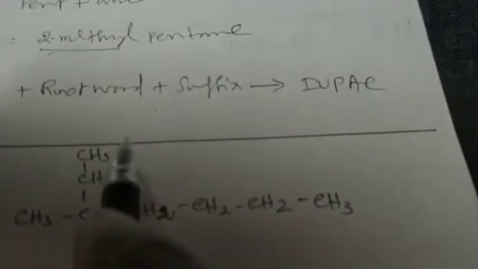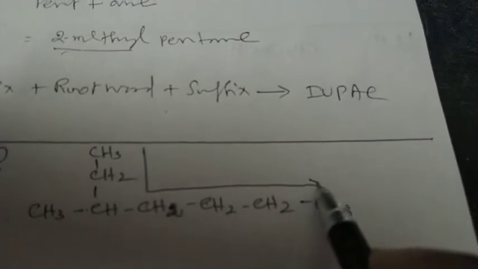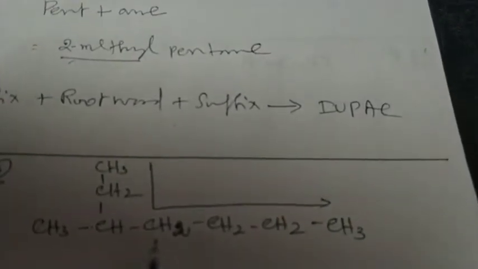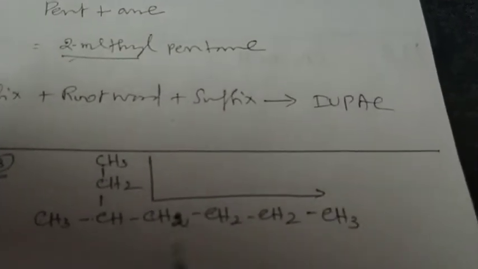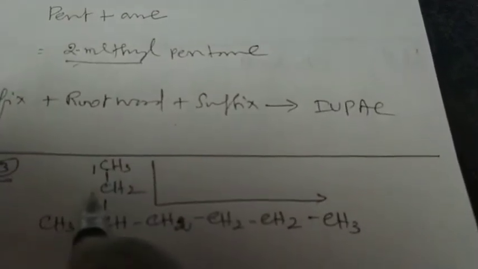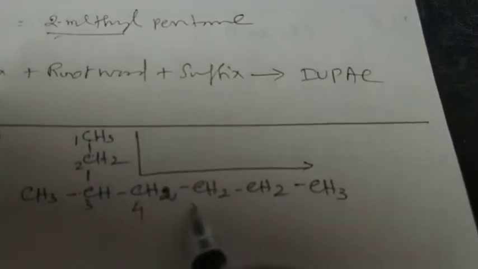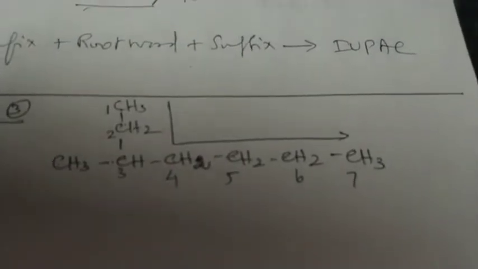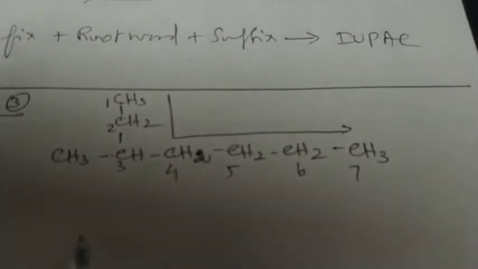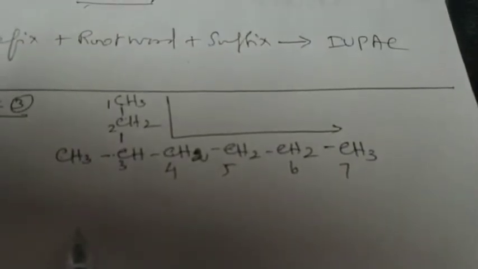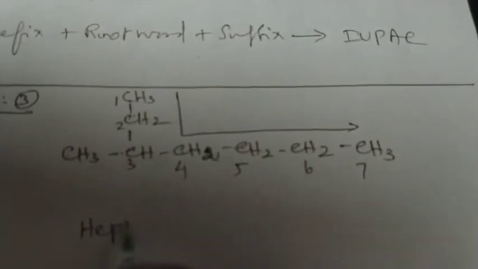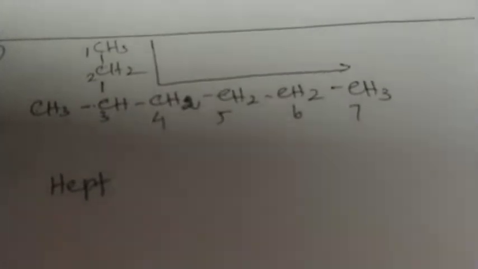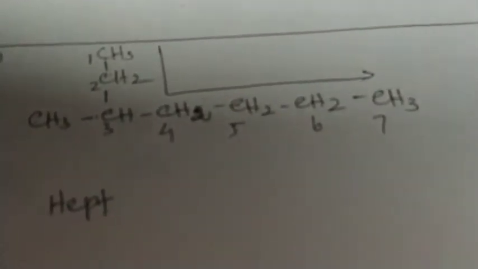If we go this way, we get the longest chain: 1, 2, 3, 4, 5, 6, 7 carbons. So the root word is heptane.